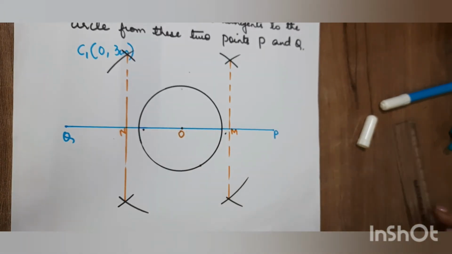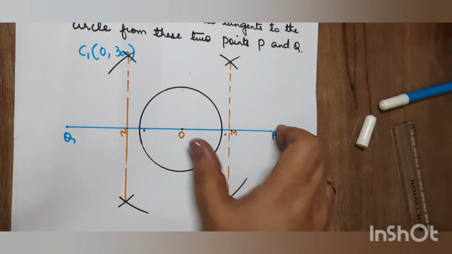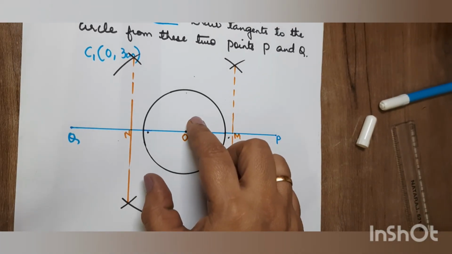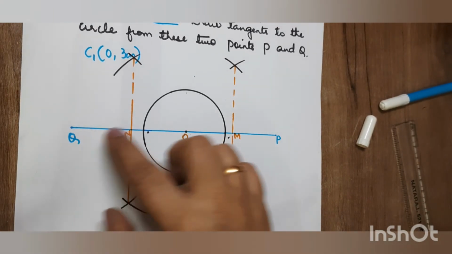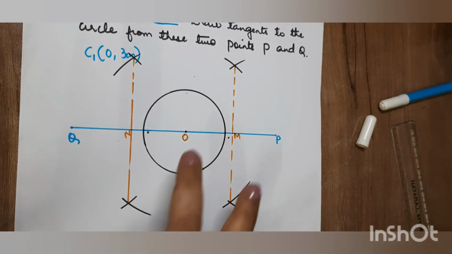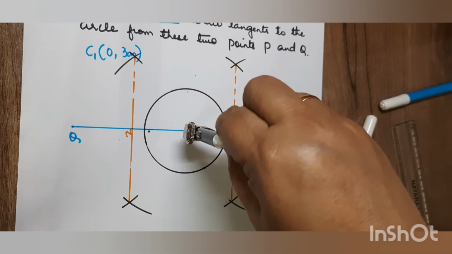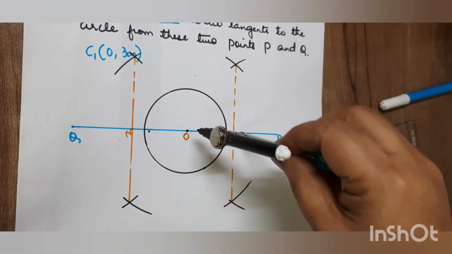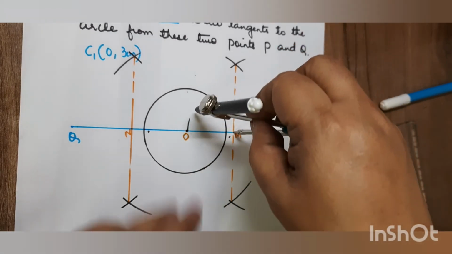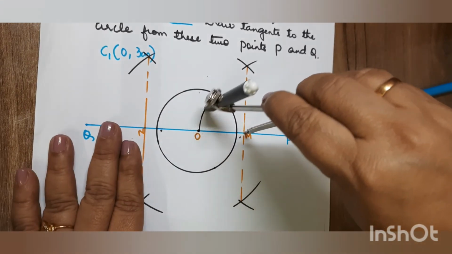Now with M, from P to the circle C1 we'll draw a tangent, and from Q to the circle we'll draw a tangent. So for OP, take M, and take OM or MP as the radius. Draw a circle, one more circle.